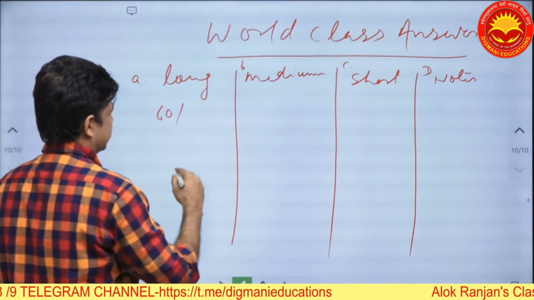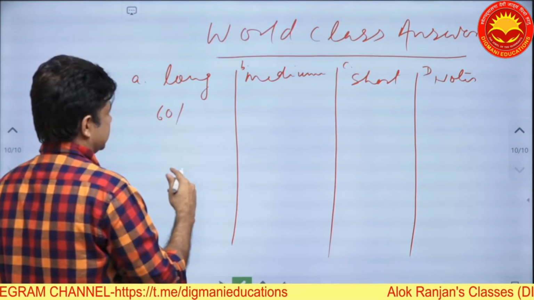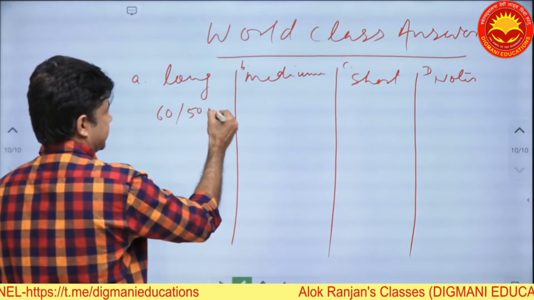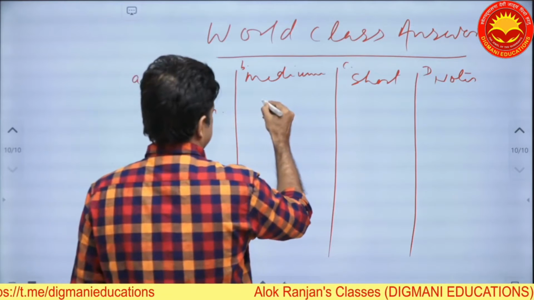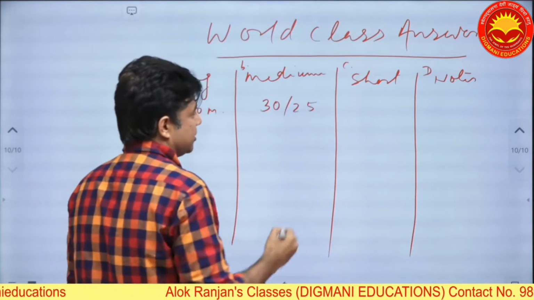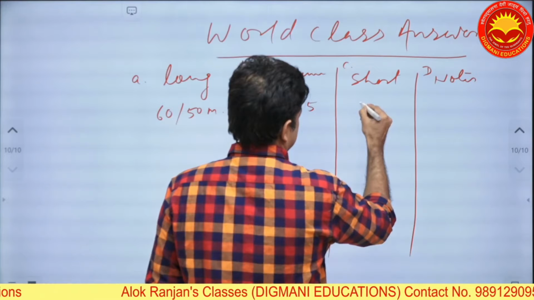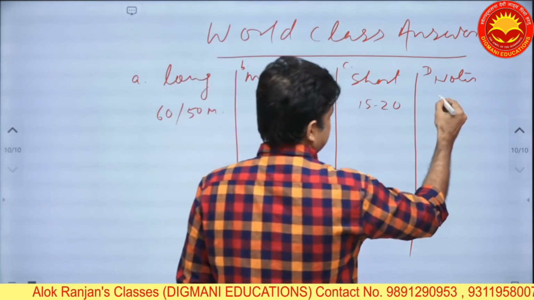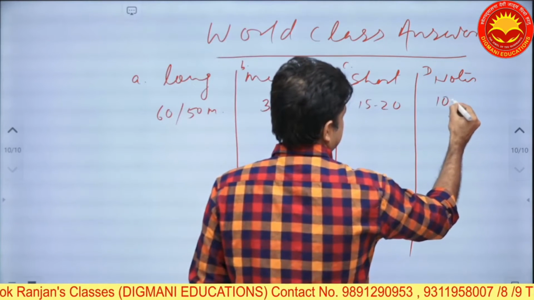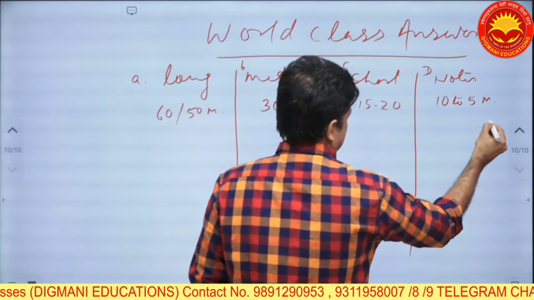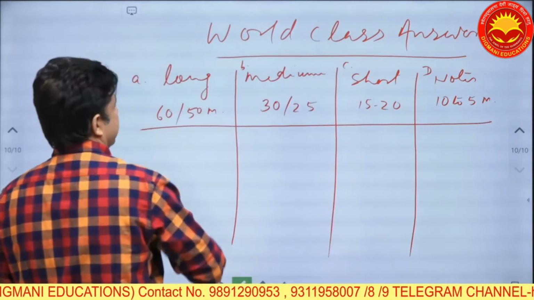The long type question consists of 60 or 50 marks. Medium type will be 30 or 25 marks. Short type questions will be 15 to 20 marks, and notes will be 10 to 5 marks. This is how we classify.